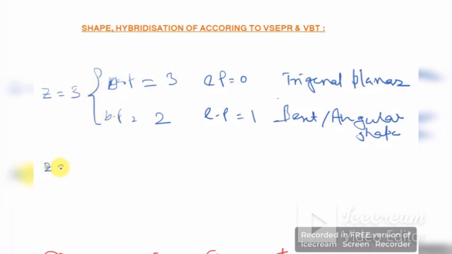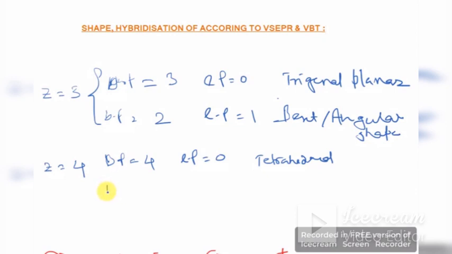After that, for electron pair 4, if bond pair is 4 and lone pair is 0, that is, there is no lone pair, then the shape will be tetrahedral. If you don't know the shapes, then how can we draw the structures?